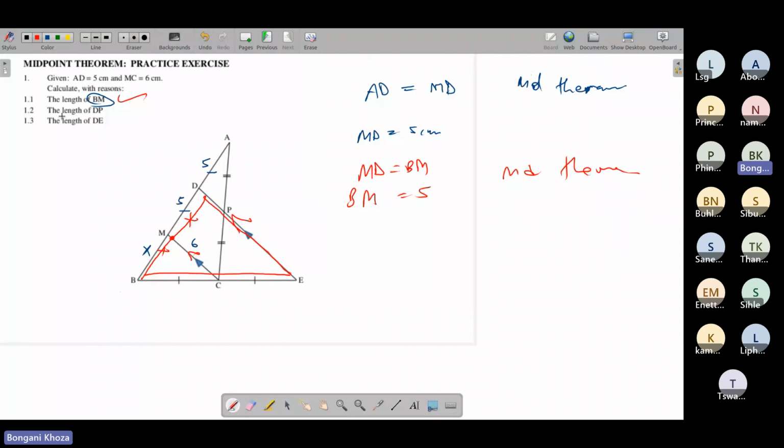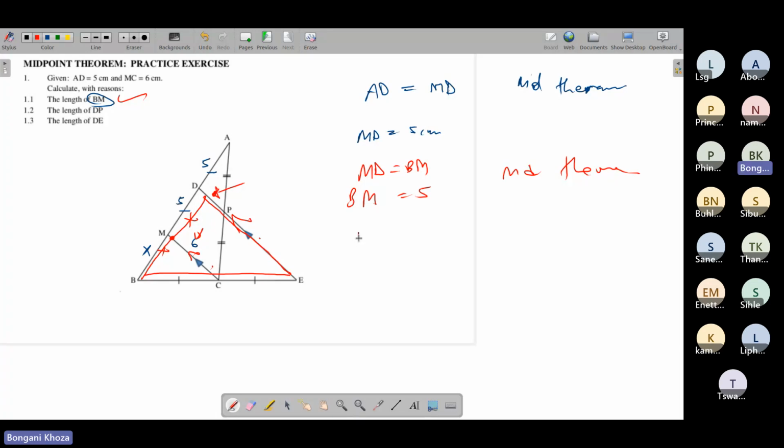Moving on to DP. DP is over here. We are given that this side is already parallel to this side. So the third side in your midpoint theorem, this one is 2 times this segment over here.